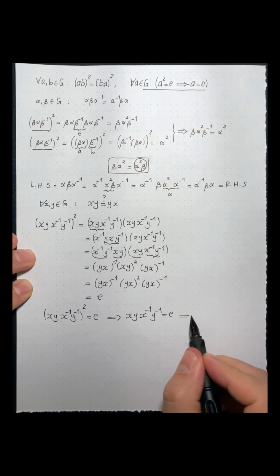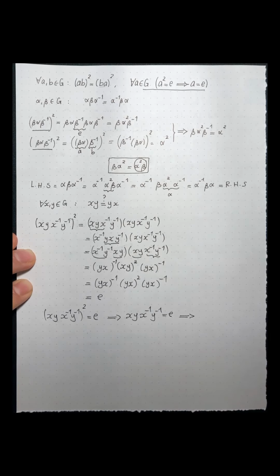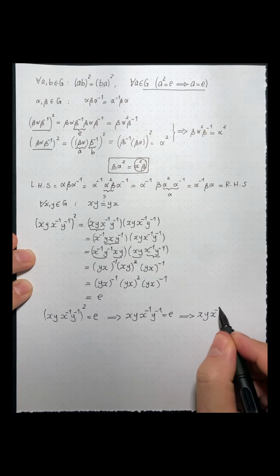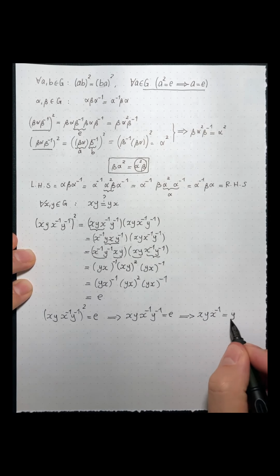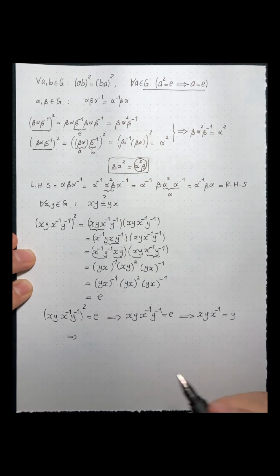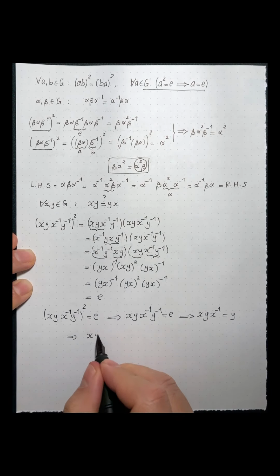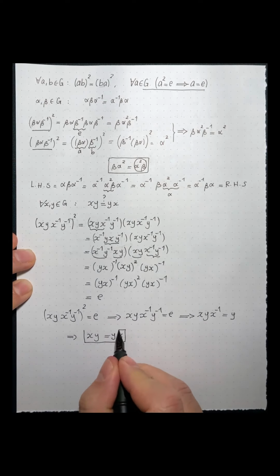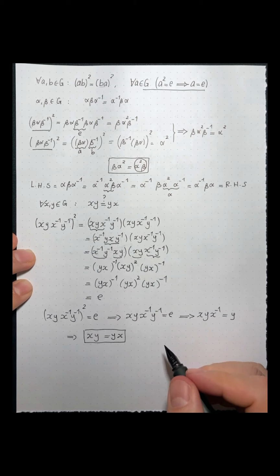I multiply both sides by y from the right hand side, so it gives me x y x⁻¹ equals y. And again, I multiply both sides by x from the right, so it becomes xy equals yx. So this means that my group is abelian.